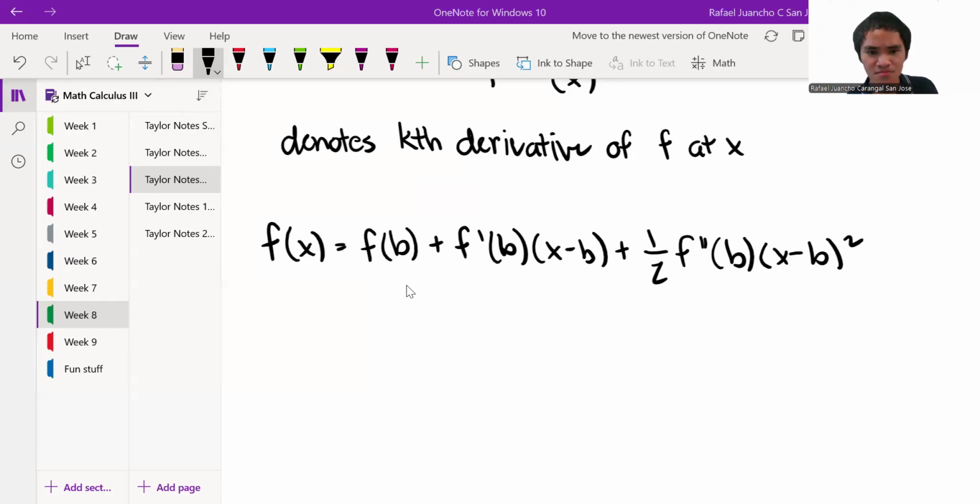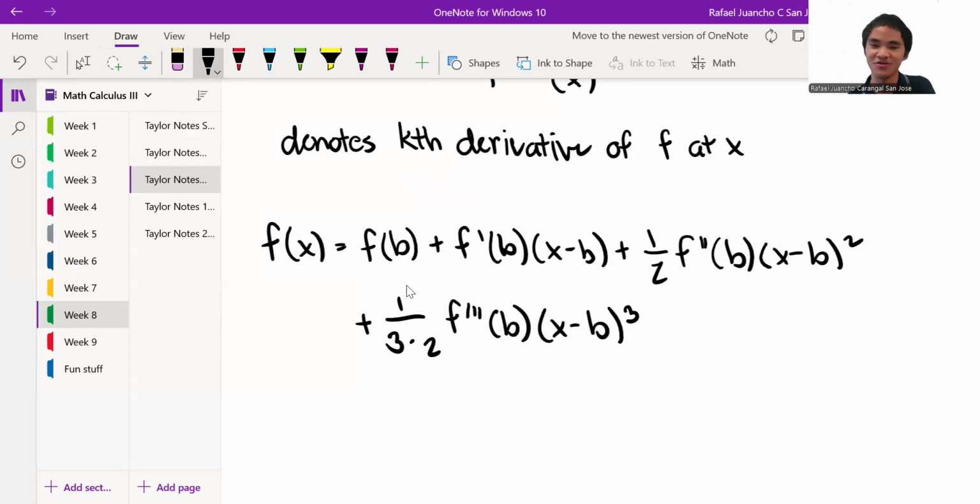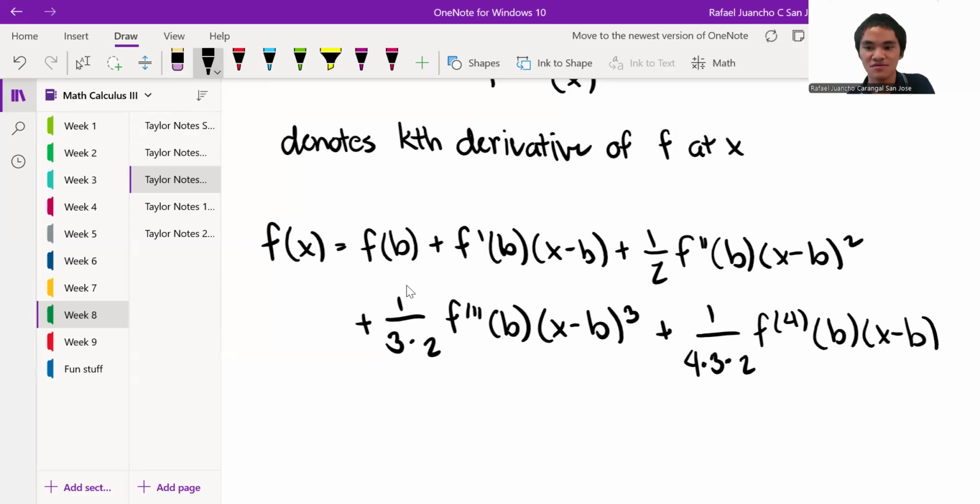So I do 3, whoops. So now I do 1 over 3 times 2, f triple prime at b, right? So we can kind of see the pattern here, x minus b to the third. And then what do you think is the next thing? 1 over 4 times 3 times 2 times 1, it's fine. f to the fourth at b, x minus b to the fourth.